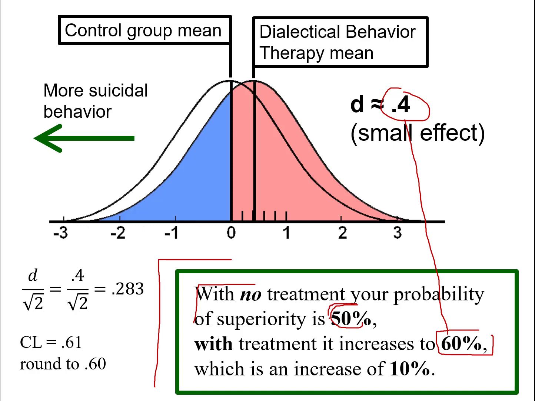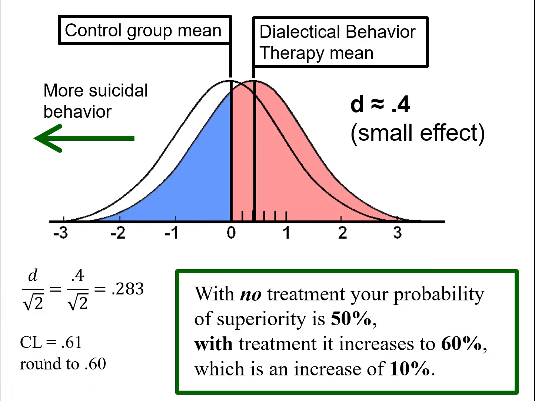And so going from 50% to 60% is an increase of 10%. We continue to follow that pattern. Each example is dropping down by 5%, you might notice. So this is a picture illustrating the effects of dialectical behavior therapy as a treatment for borderline personality disorder, illustrating an effect size of a d-statistic of 0.4.